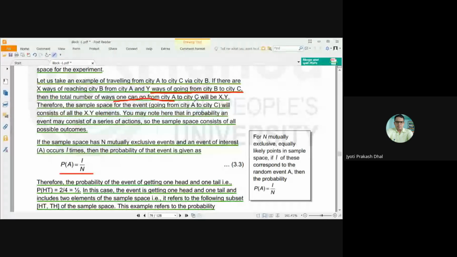That means here you have to travel from A to C via B, and the number of ways for traveling A to B is X, the number of ways for traveling B to C is Y, and hence the total number of ways for traveling from A to C is XY. Therefore, the sample space of this event will consist of all the XY elements. So the sample space consists of all possible outcomes. So the combination of all possible outcomes is called the sample space.